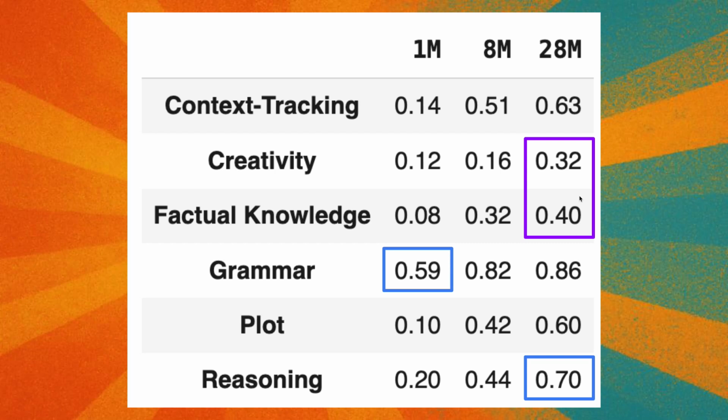The worst categories, even for the largest model that I tested, were creativity and factual knowledge. And creativity in particular was the lowest scoring. And this also tracks with the TinyStories paper because they had shown that creativity only really appears at large hidden dimension sizes.